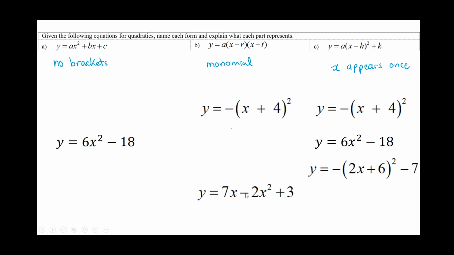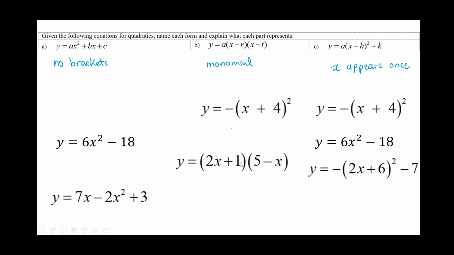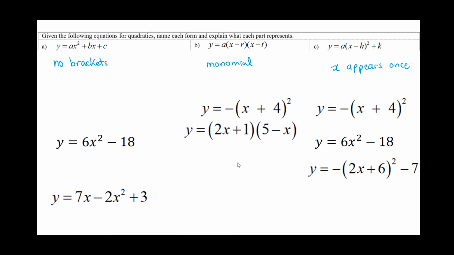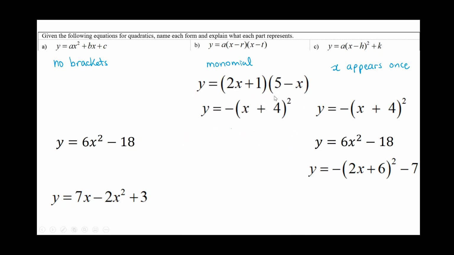And this particular one has no brackets. X appears in two spots, so this one can only be in this first category. And this last one is a monomial, and x appears in two spots and there are brackets, so this one only gets classified within this middle category.